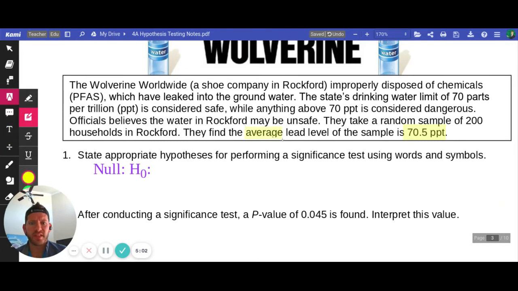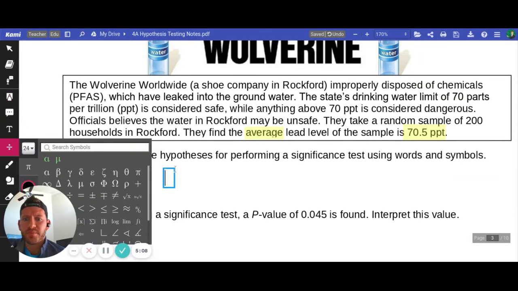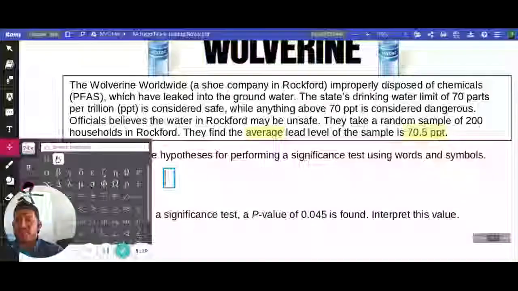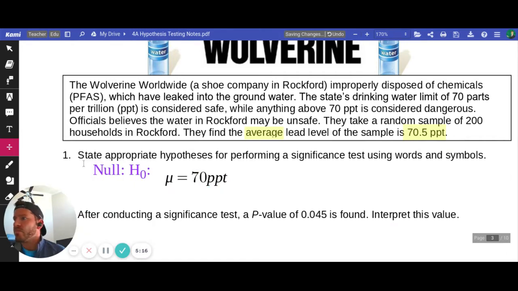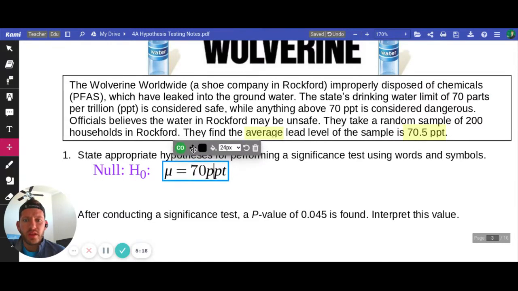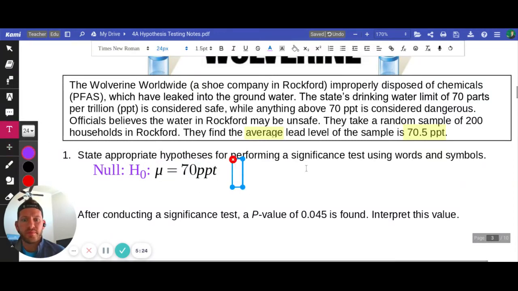So that tells us that we are talking about a mean. And we want that the mean is equal to 70 parts per trillion. And if that is true, then that would tell us that the water is safe.